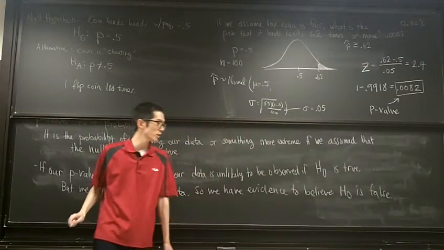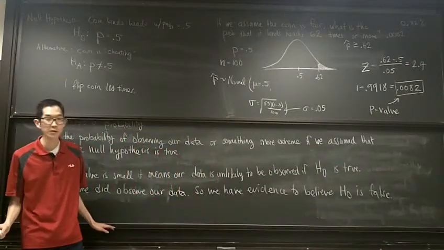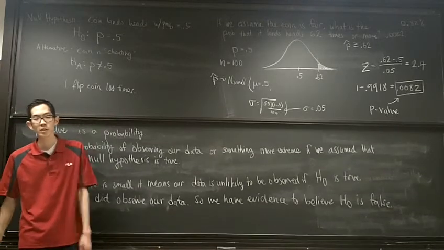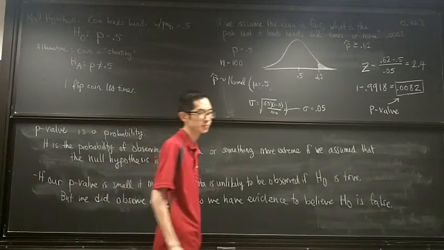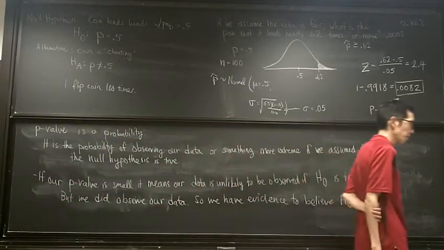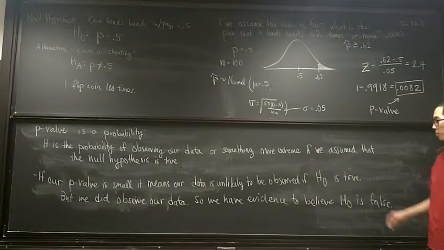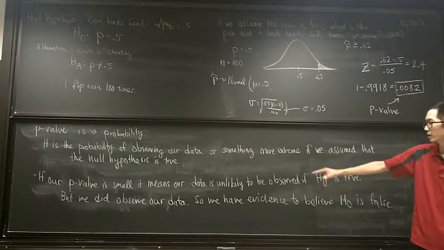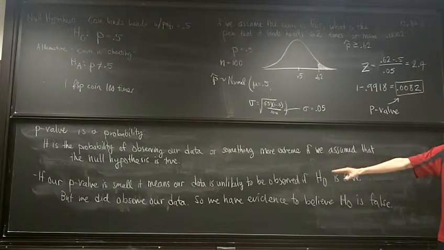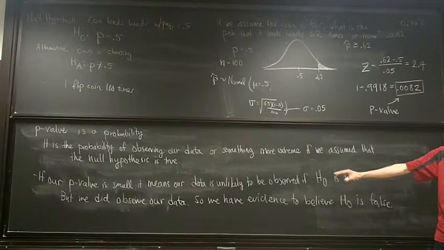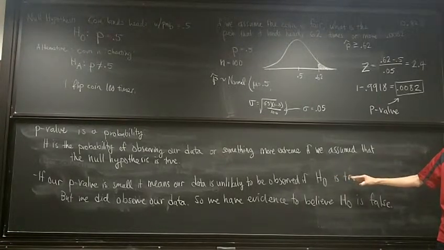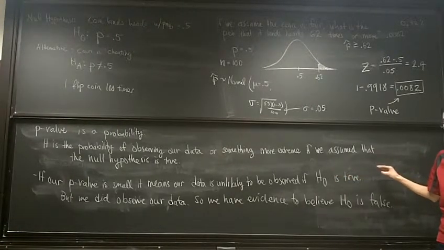Does it prove that our null hypothesis is false if our p-value is small? Yes or no? Okay. So if our p-value is small, it means our data is unlikely to be observed if the null hypothesis is true.